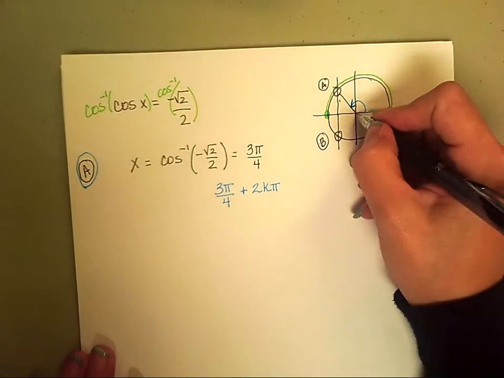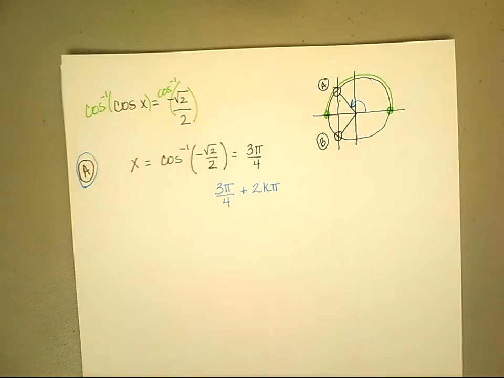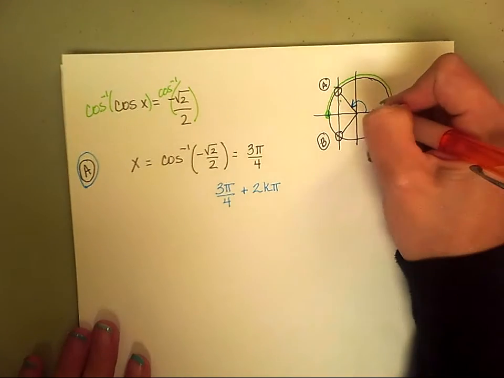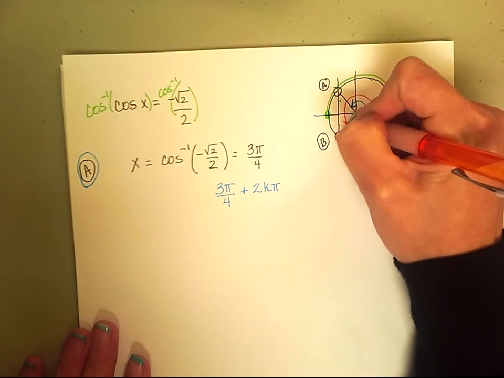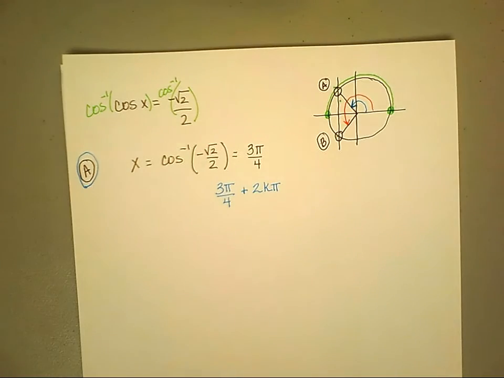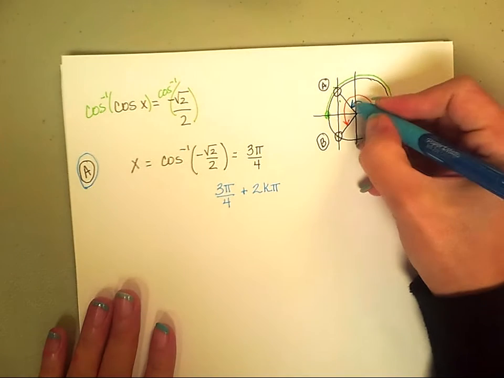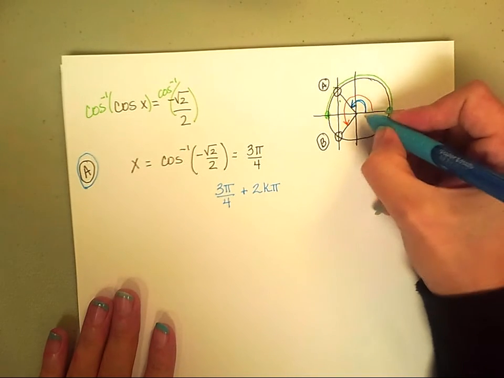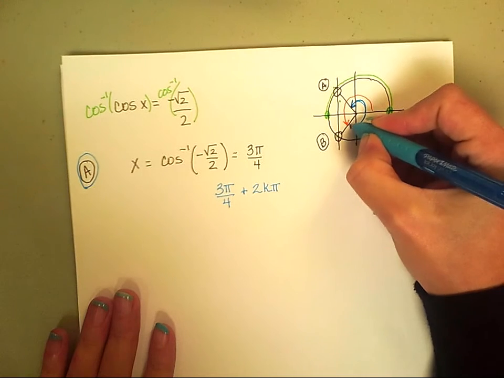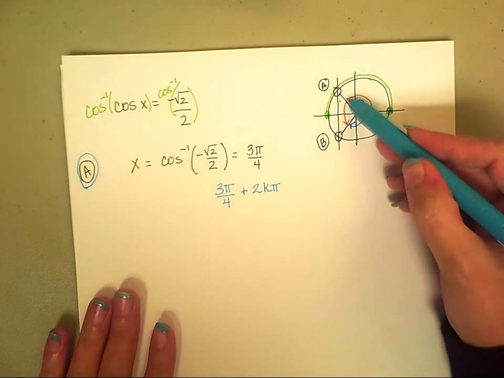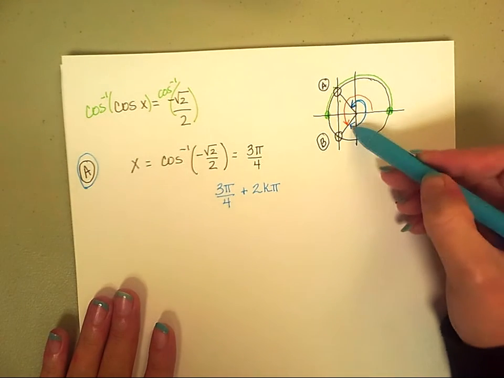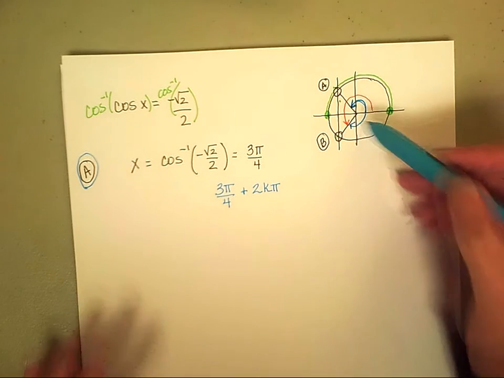Now, using the same method, if we're looking for angle B, that's the angle from here to here. Remember, by symmetry of the circle, this angle and this angle must have the same magnitude. So if you take the orange and add this little blue here, we would get to 2 pi.